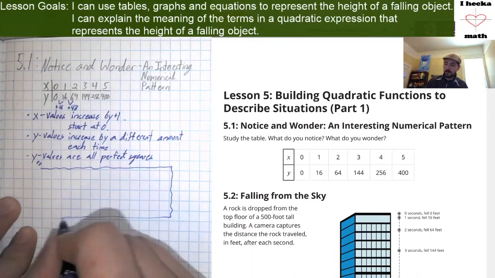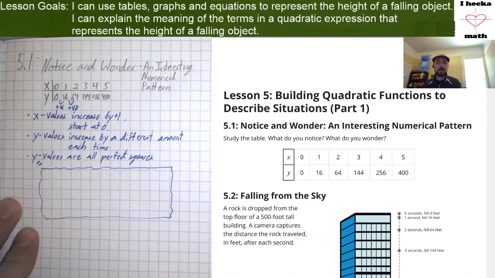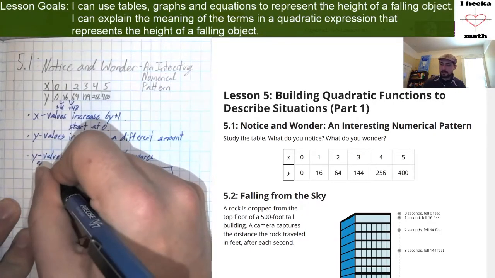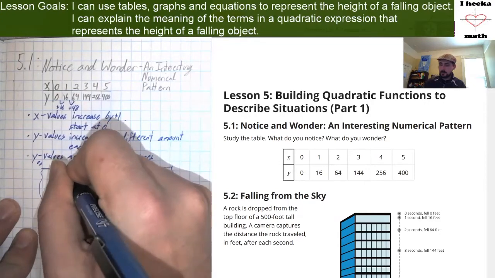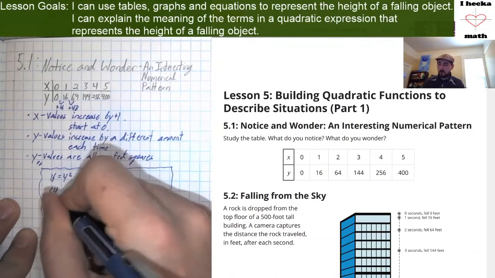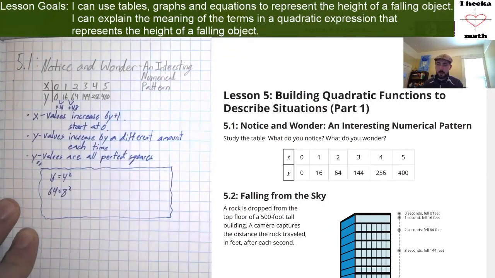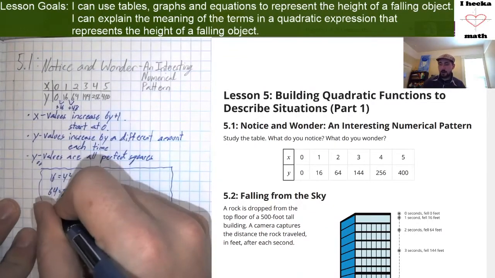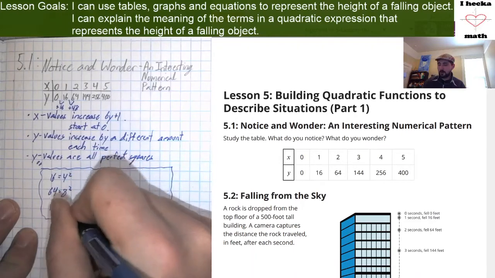Maybe you didn't write all of this down, but here are some things that you might be thinking. I know that 16 is 4 squared. I know that 64 is 8 squared. I know that 144 is 12 squared.